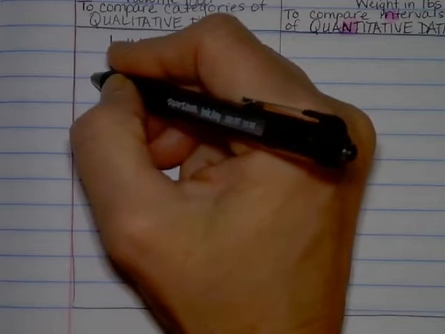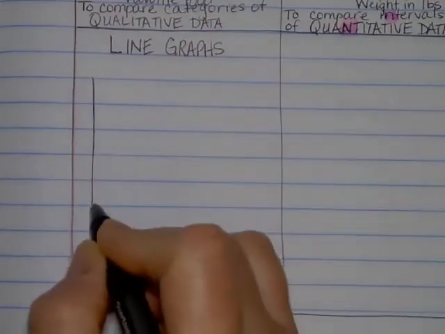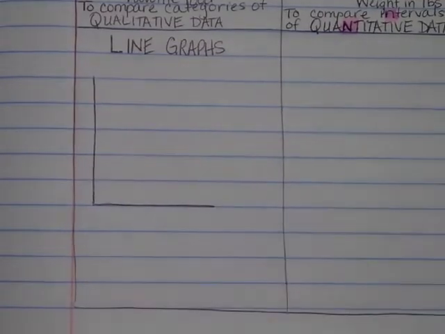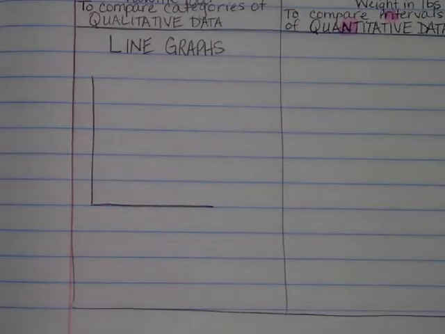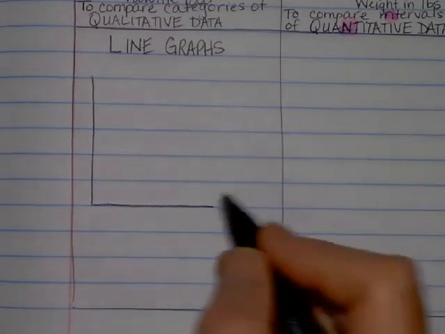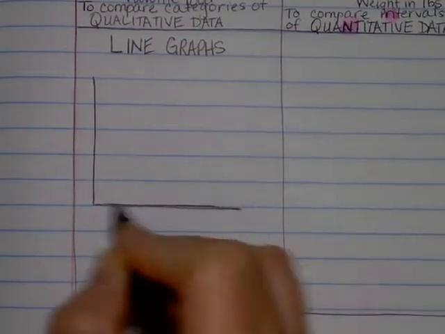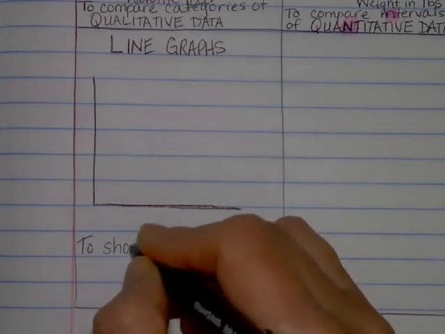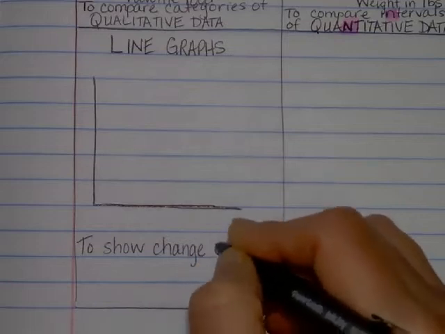Line graphs also have a y-axis and an x-axis. Now, line graphs are a little different. They still have frequency in a way, but line graphs are specifically used to show change over time.